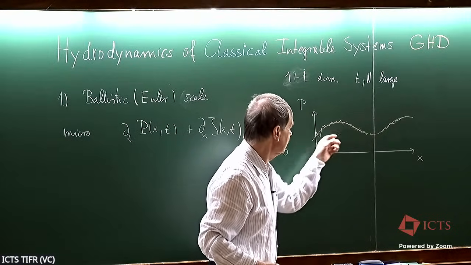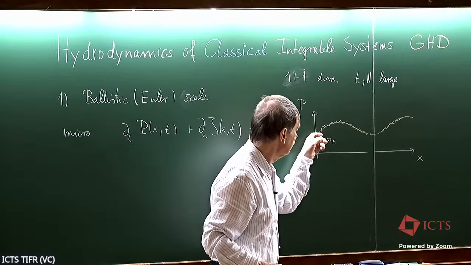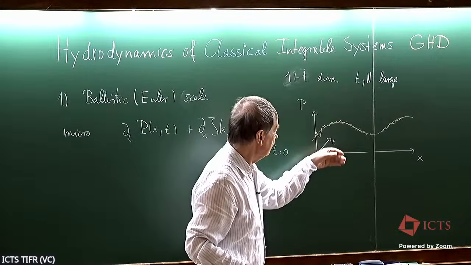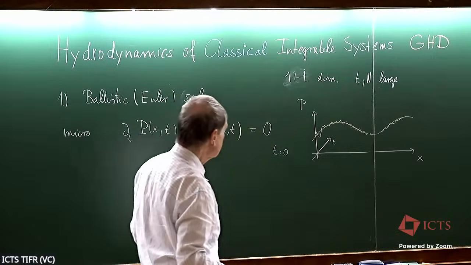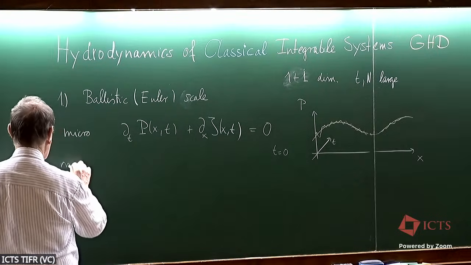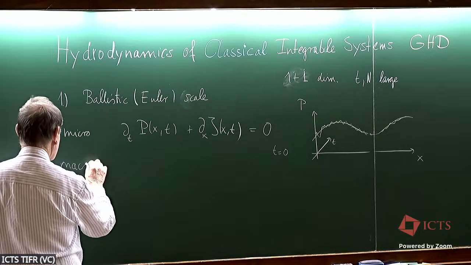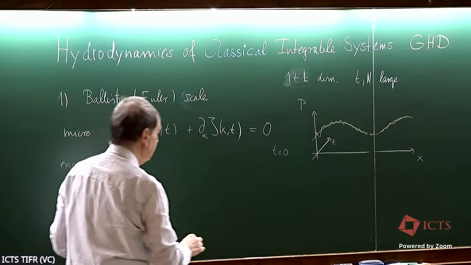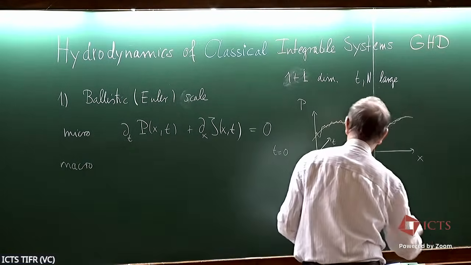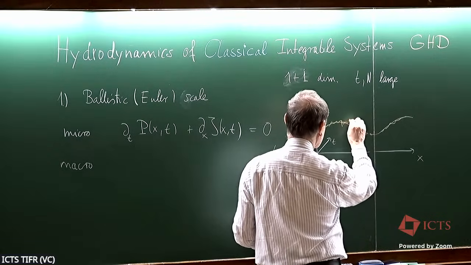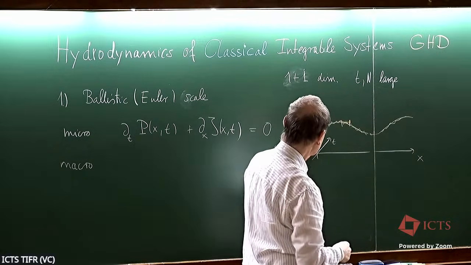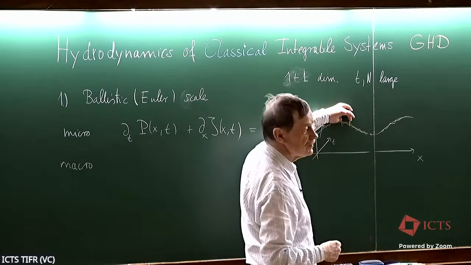I want to figure out what is the equation for the evolution of the typical profile. And to do this, now I want to do the macro scale. And the idea is that when I look at a rather small volume element over here, I can essentially think of this envelope to have a constant value.